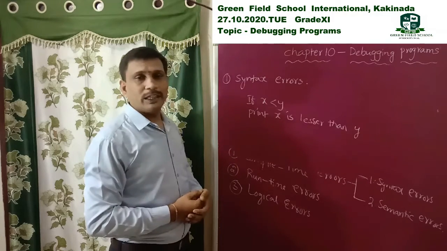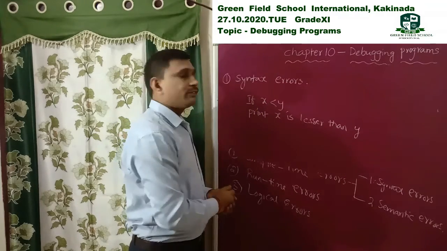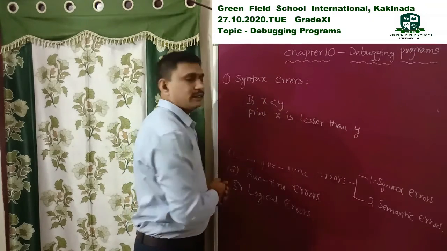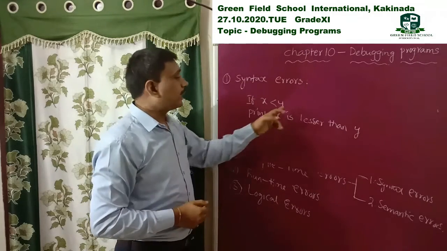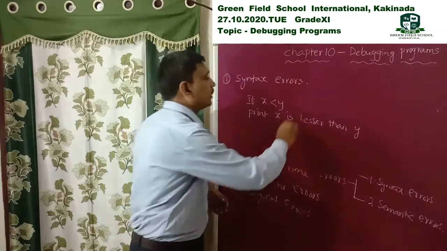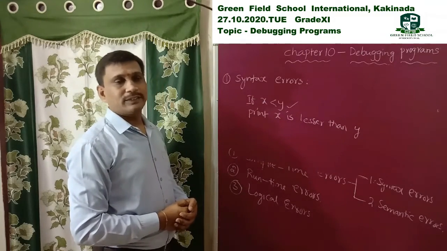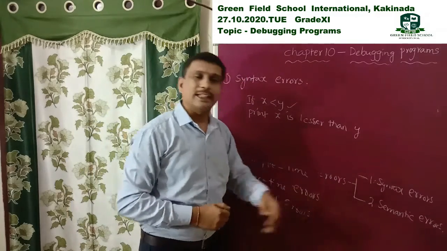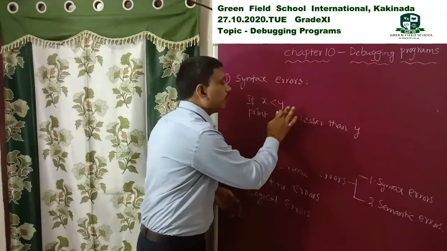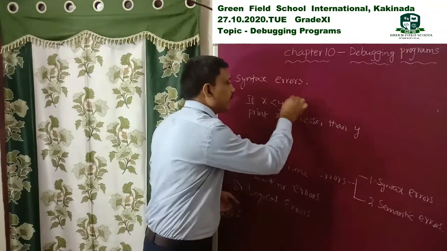Every Python if condition needs a colon after the condition, but here we did not write any colon. That is one mistake, one error. This type of error is called a syntax error. We must place a colon here.